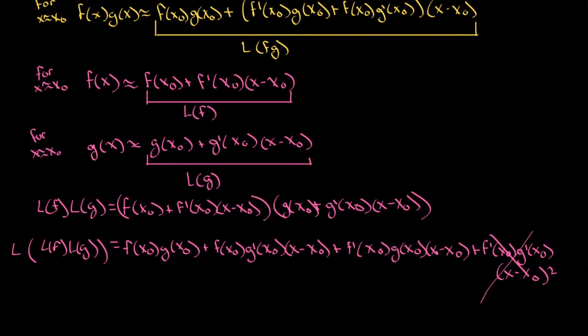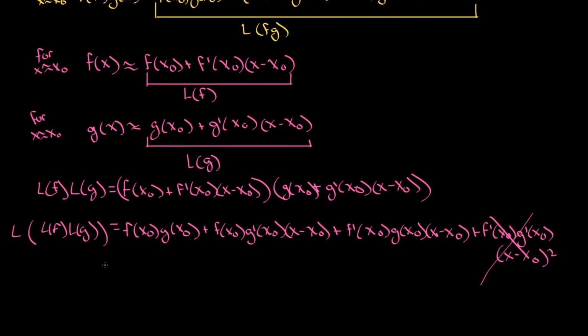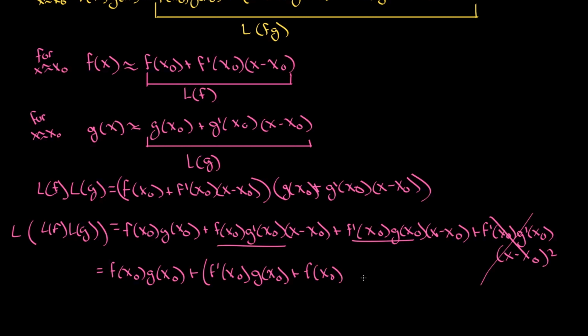So let's simplify this and try to get it to match what we had up here. I'm going to factor an x minus x naught out and see what we get. So we have f of x naught times g of x naught plus, now I'm going to factor an x minus x naught out and I'm going to put this first. So we have an f prime of x naught times g of x naught plus, we have this here. So we have f of x naught times g prime of x naught.